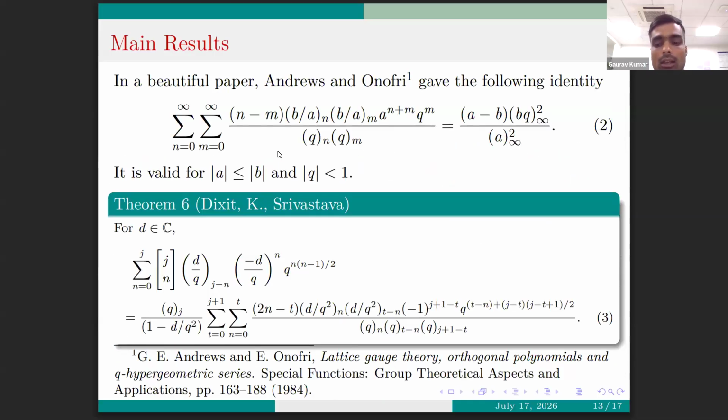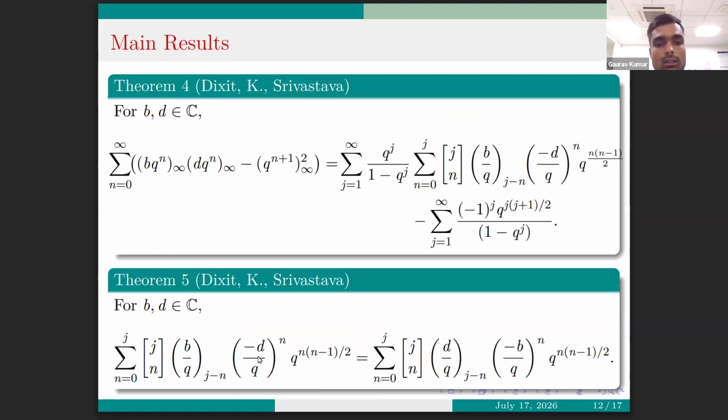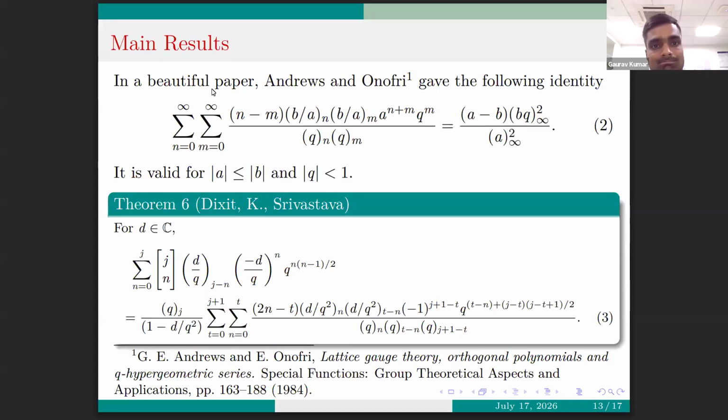In order to show this symmetric finite identity at the bottom, we also used Andrews and Onofri's following identity, which is this particular double sum expressed as this Q product.